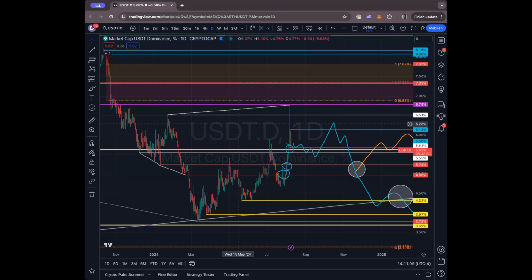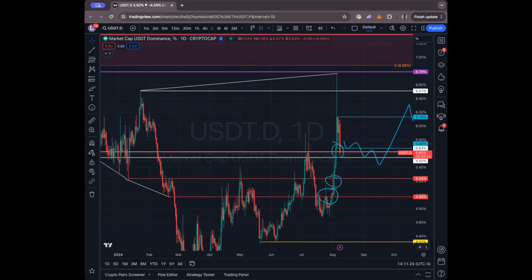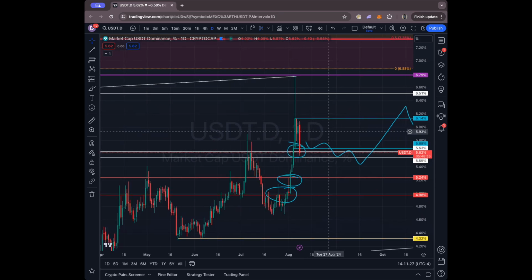So how much of funds are tied up in Tether versus actual coins? Simply put, if this chart goes up, then the crypto market will dump. If this chart goes down, then the crypto market will pump. It is that simple.